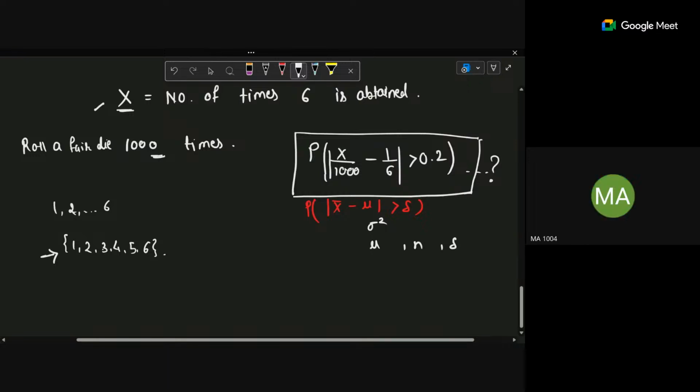Whenever you say this is your distribution, you have to denote it by some random variable, let's say y. Is it fine if I say y? It's a discrete uniform distribution, right? So what is the variance of y here?